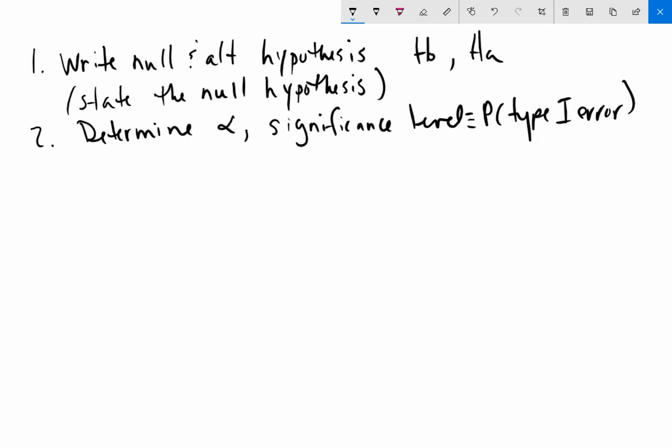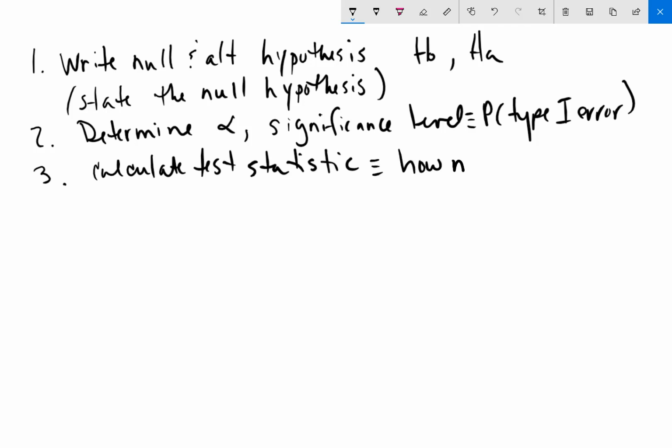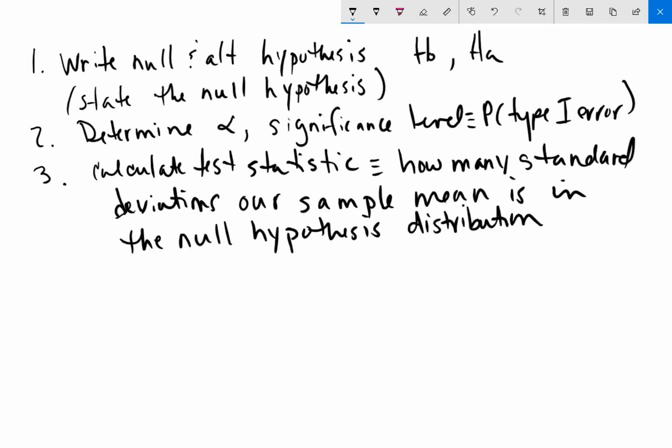And then number 3 is to calculate your test statistic. Remember what the test statistic is. It's how many standard deviations our sample mean is in the null hypothesis distribution.